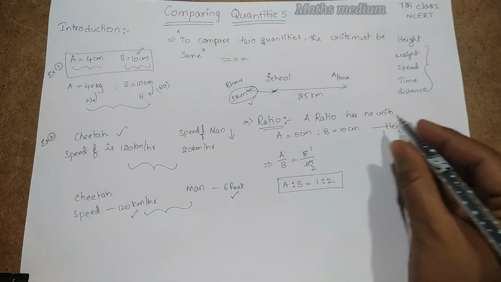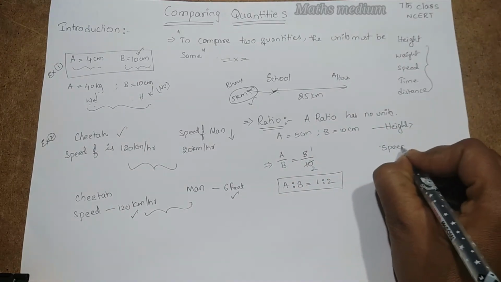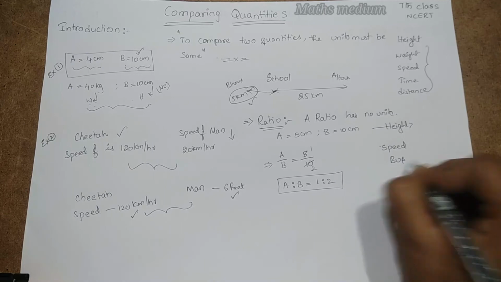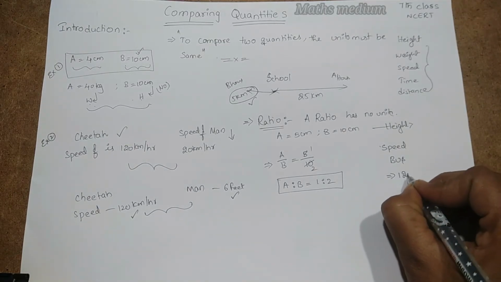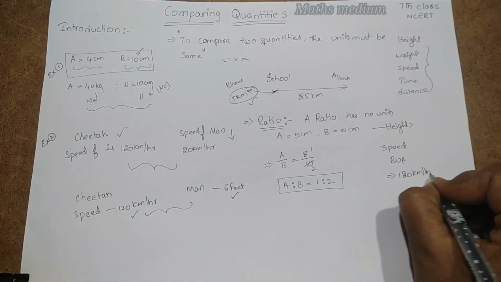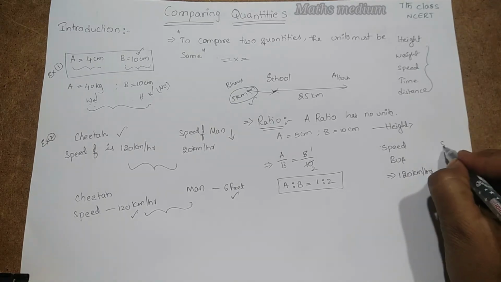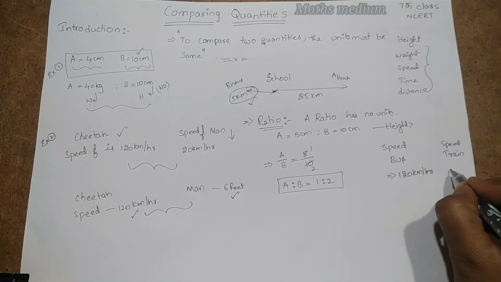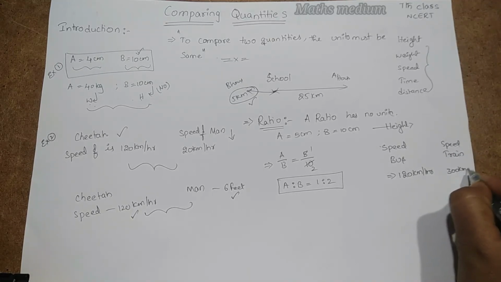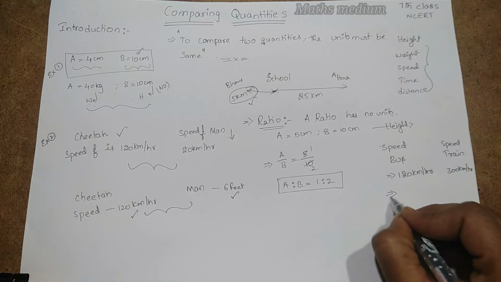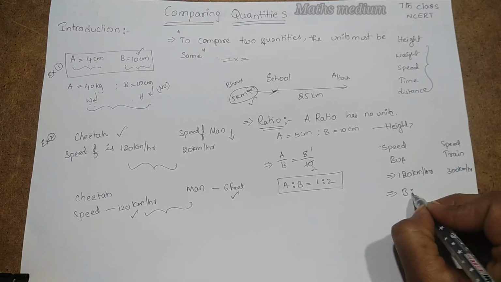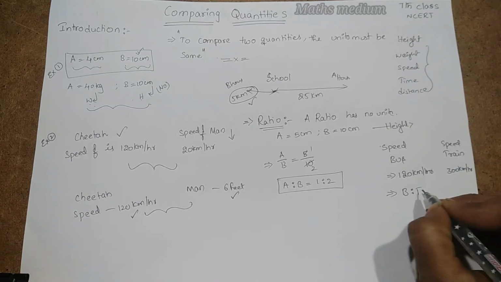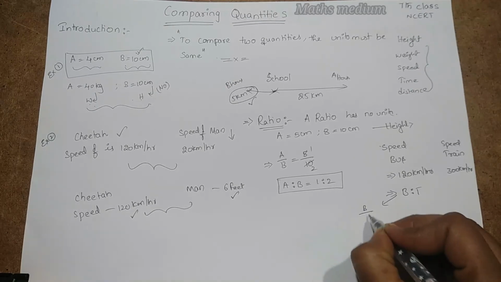If you take another example, like the speed of a bus, it is equal to 120 kilometer per hour. For example, the speed of a train is equal to 300 kilometer per hour. Then B is to T, it means bus is to train. We can write it as B by T also.